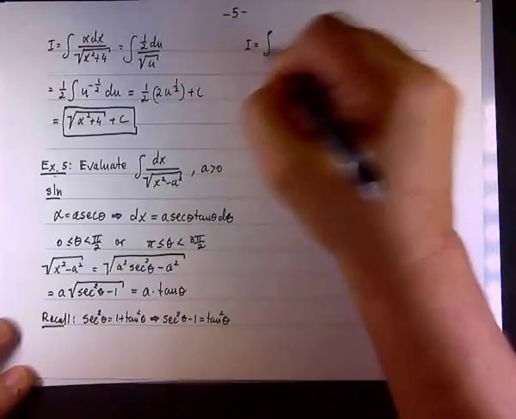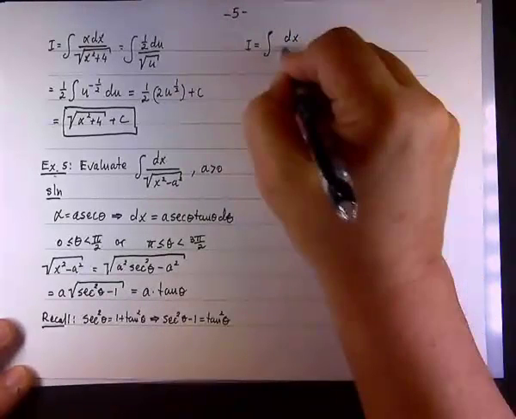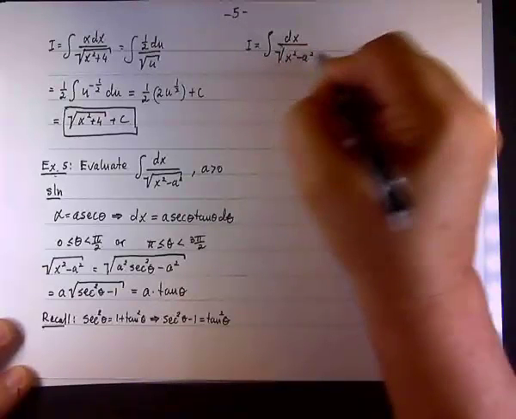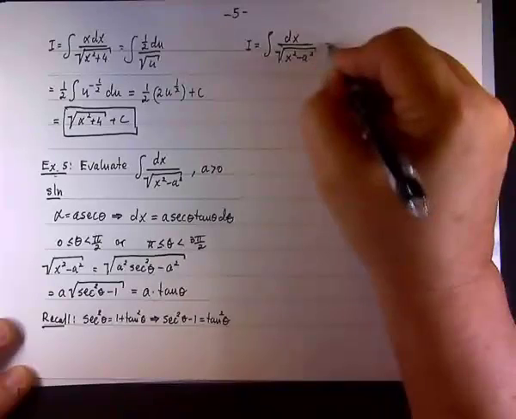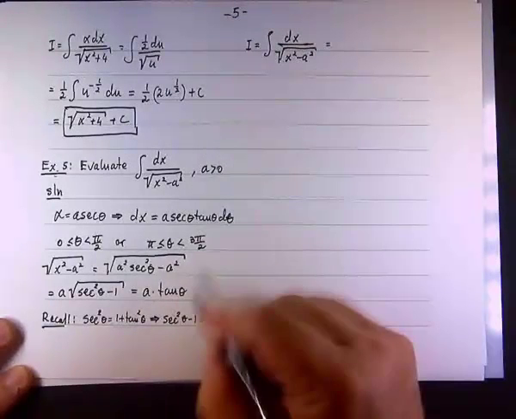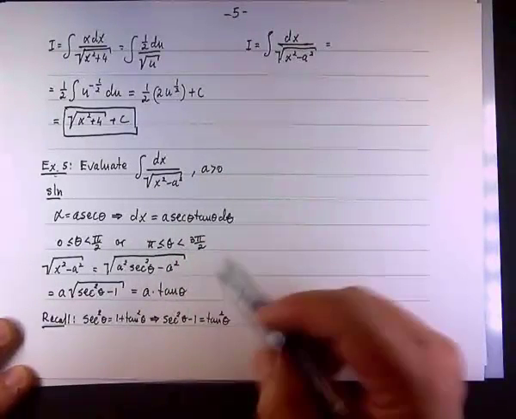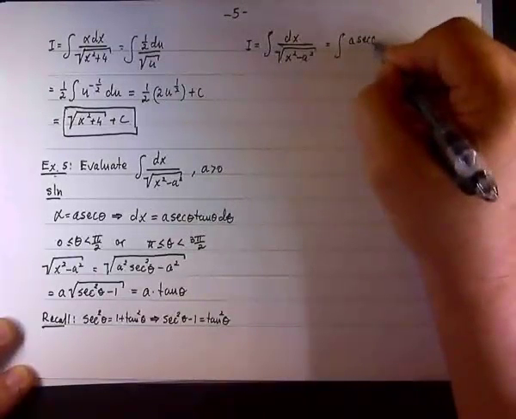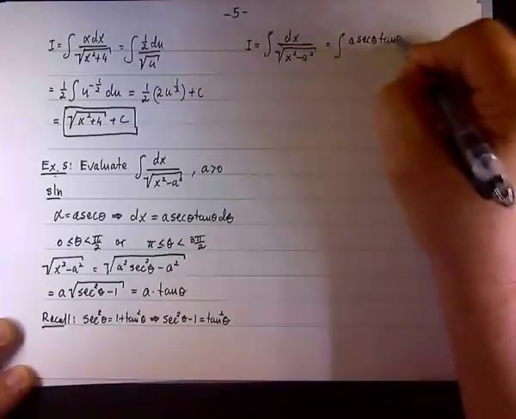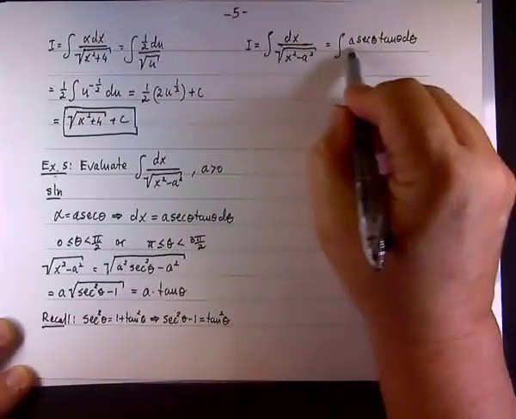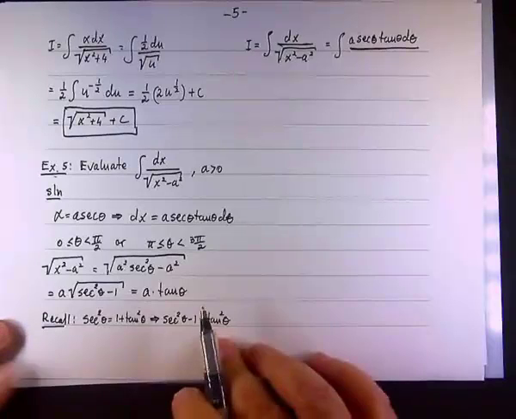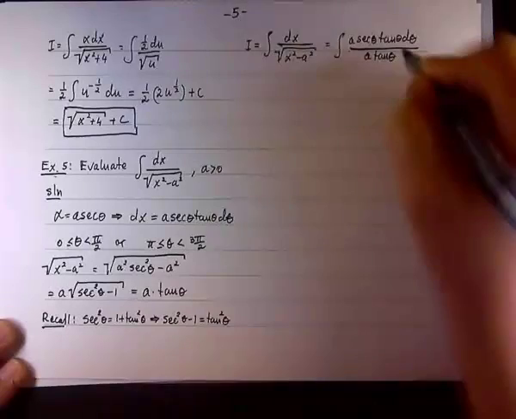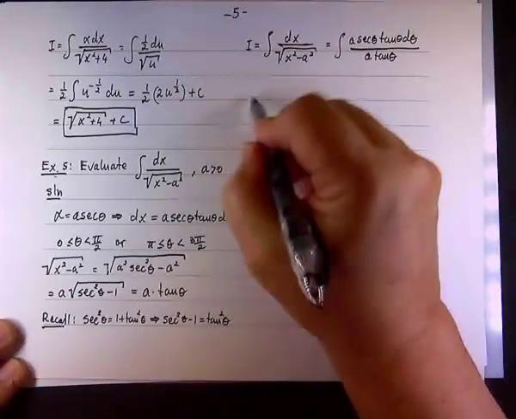We're going to substitute dx, so instead of dx over the square root, we have the integral, the numerator dx is a secant tangent d theta, and the denominator will be simply a tangent theta.